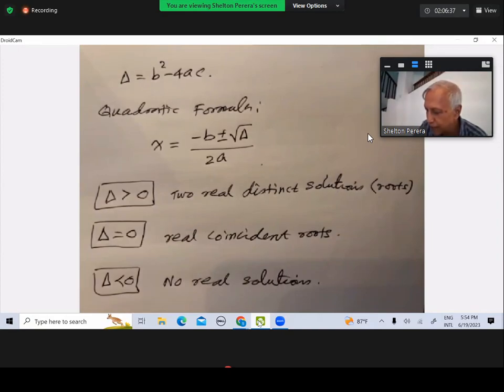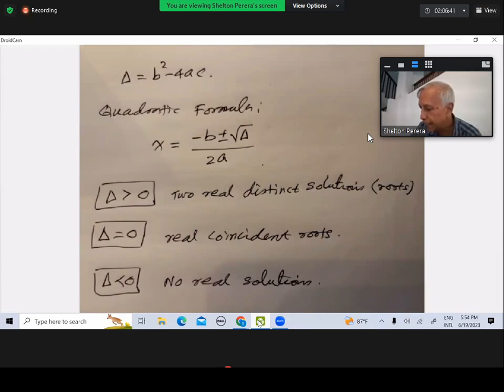So let us do the first one, delta greater than 0. Example, let us say x squared plus 3x minus 1 equal to 0.